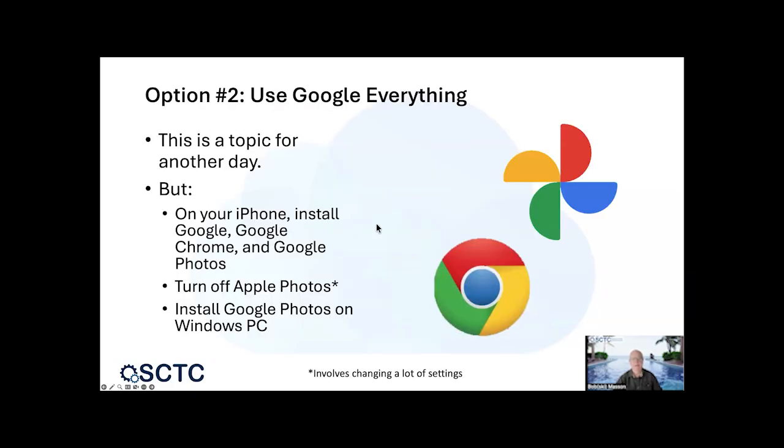We talked about Google everything. I'm going to say this is a topic for another day. What I mean by that is if you do want to use Google for everything, come see us and we'll set it up. The biggest thing that you need to do is turn off iCloud storage of your photos.